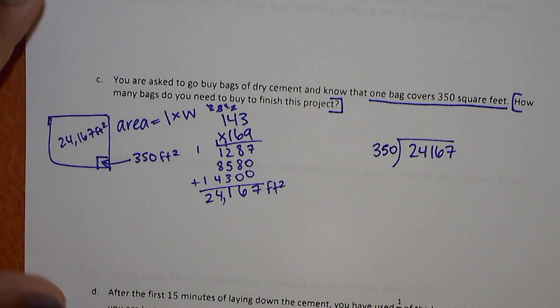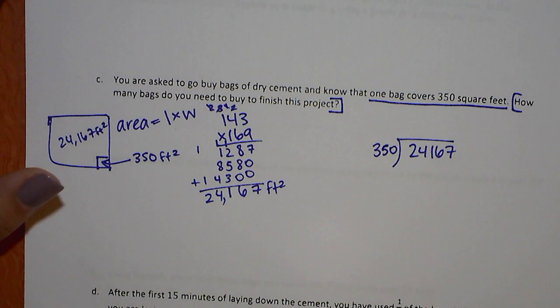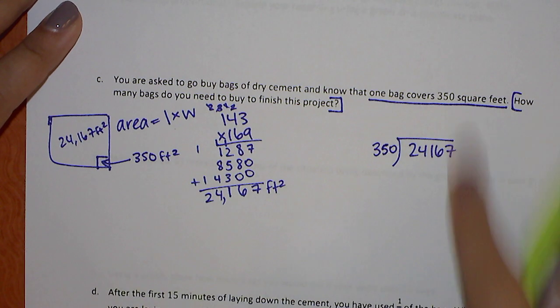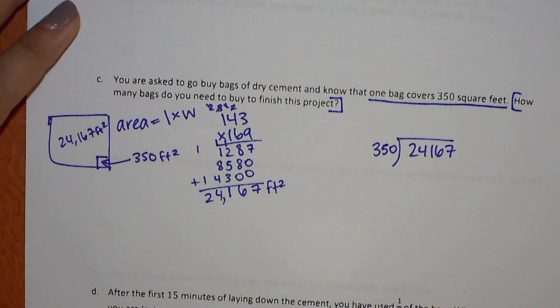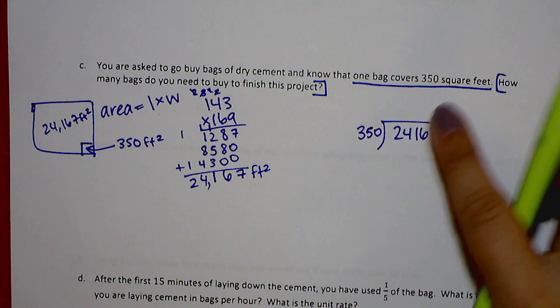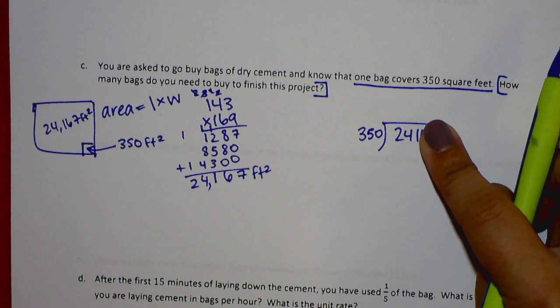I saw a lot of scholars made it to this point and then were struggling. How do I divide by 350? I saw a lot of people multiplying 350 all over their page times a bunch of different numbers. Something that I do to try to help me is I know, okay, if I'm looking at this, it's not going to fit in.